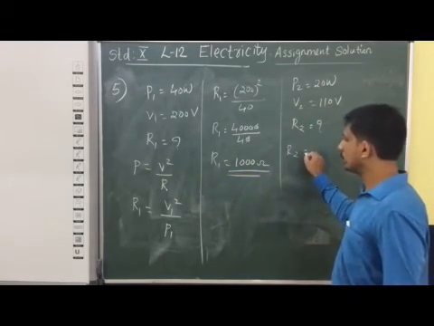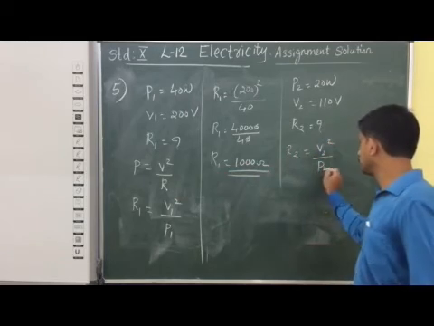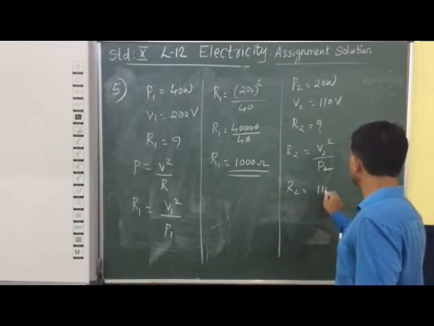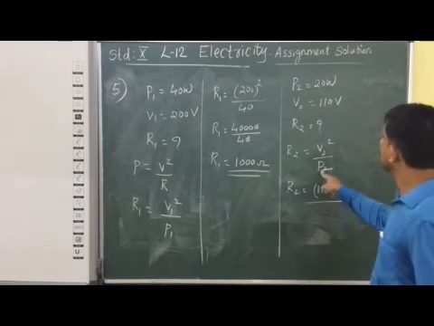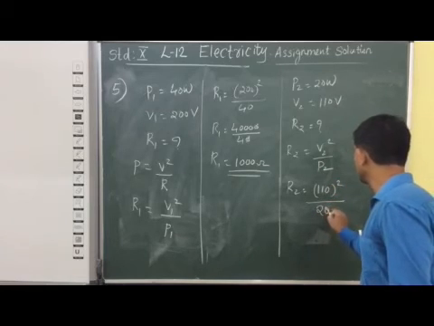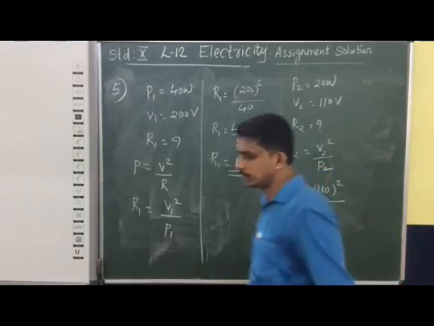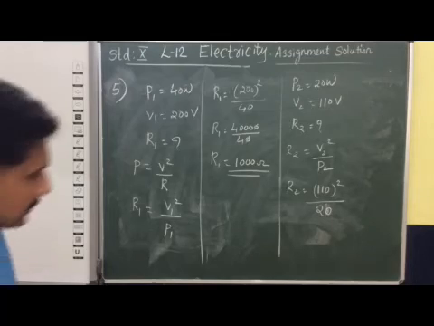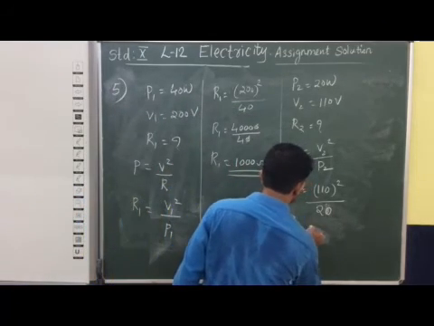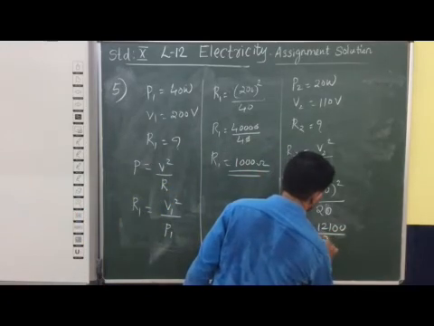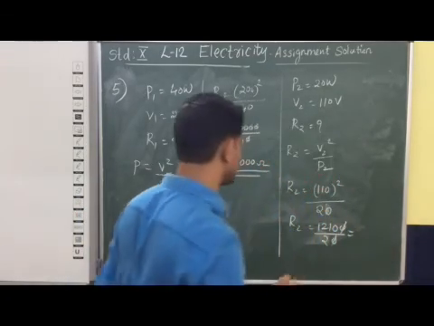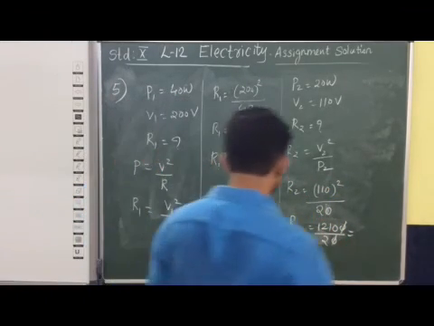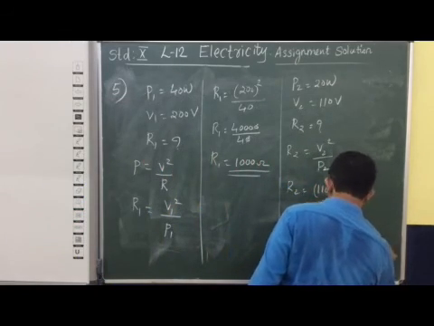R2 is equal to V2 square divided by P2, that is 110 square divided by 20. So we get the answer as 605 ohm.